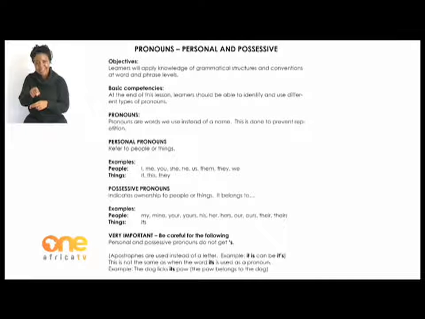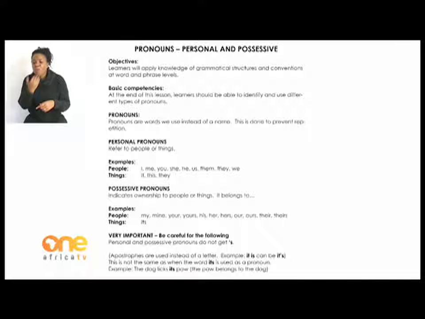Moving on to possessive pronouns. What is a possessive pronoun, Chanel? A possessive pronoun indicates ownership. What does that mean? It shows that something belongs to someone or something belongs to a thing.